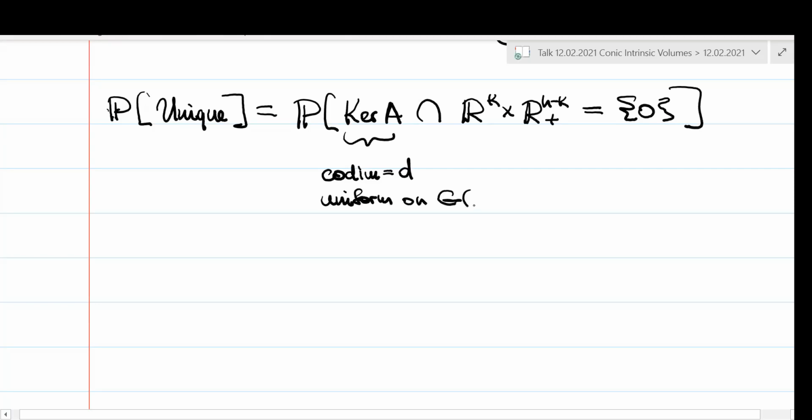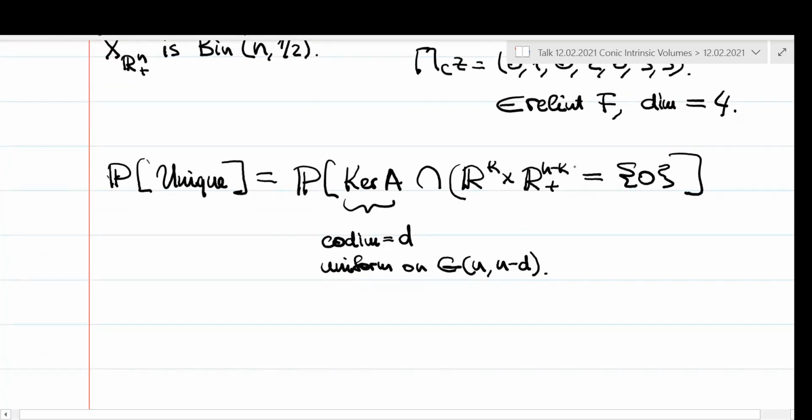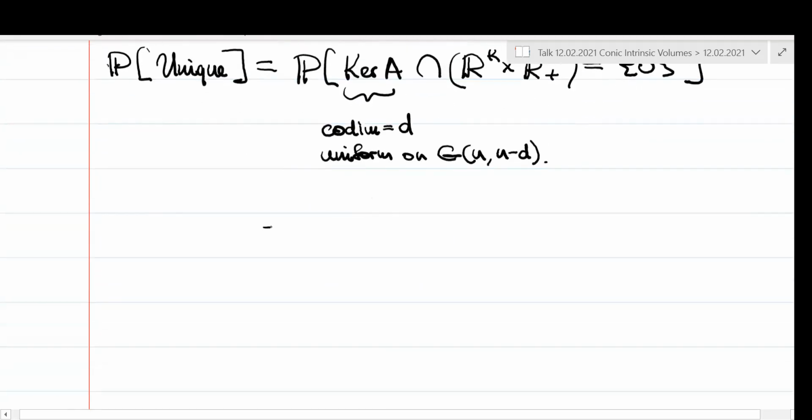So it is uniform on the Grassmannian of n minus d dimensional linear subspaces. And we are exactly in the setting of the Crofton formula, but here we have the intersection equal to 0. In the Crofton formula, we had non-equal to 0. So let us consider the complementary probability. It is 1 minus p, the same thing with not equal to 0.